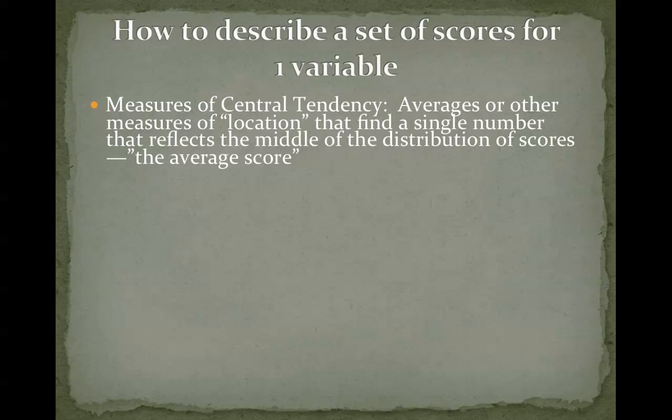Well, you could list out all of the ages, and that's one way of describing all of the ages in the classroom. But the best way is describing it with one value, and that one value would be simply the average. So it's a single number that really just shows the middle of all of those scores, okay?